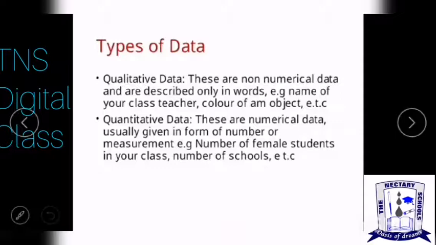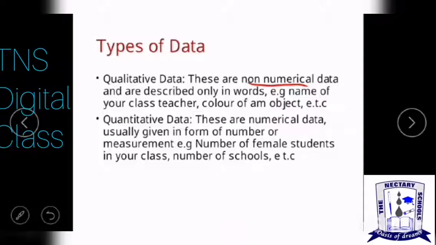Data is basically divided into two types: the qualitative data and the quantitative data. When we say qualitative data, say after me, qualitative data. These are non-numerical data. The word non-numerical means something that does not deal with numbers.